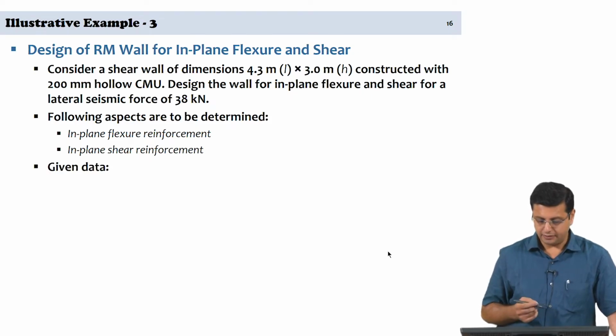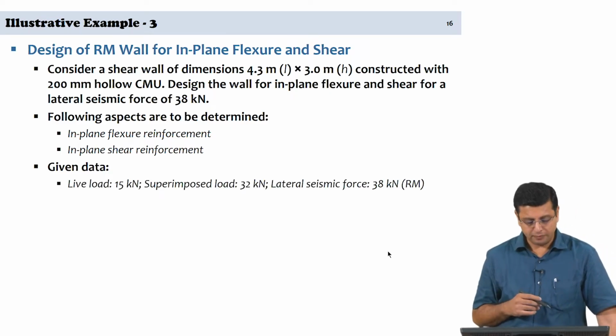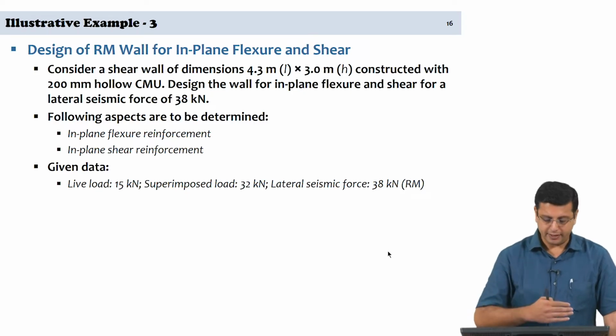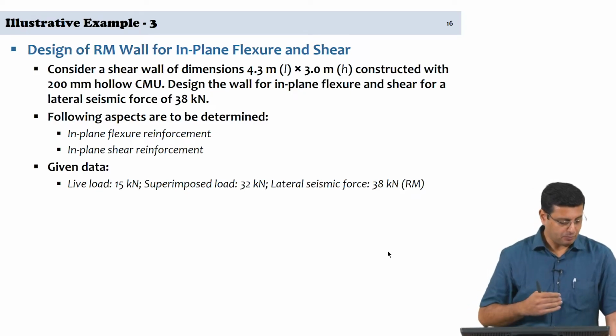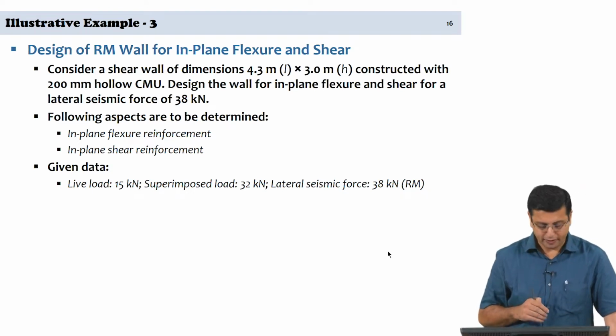The data that is available with us: there is a live load acting on this wall. You can assume that these calculations have been made on a building system, and then the live load acting on the wall is provided to us.